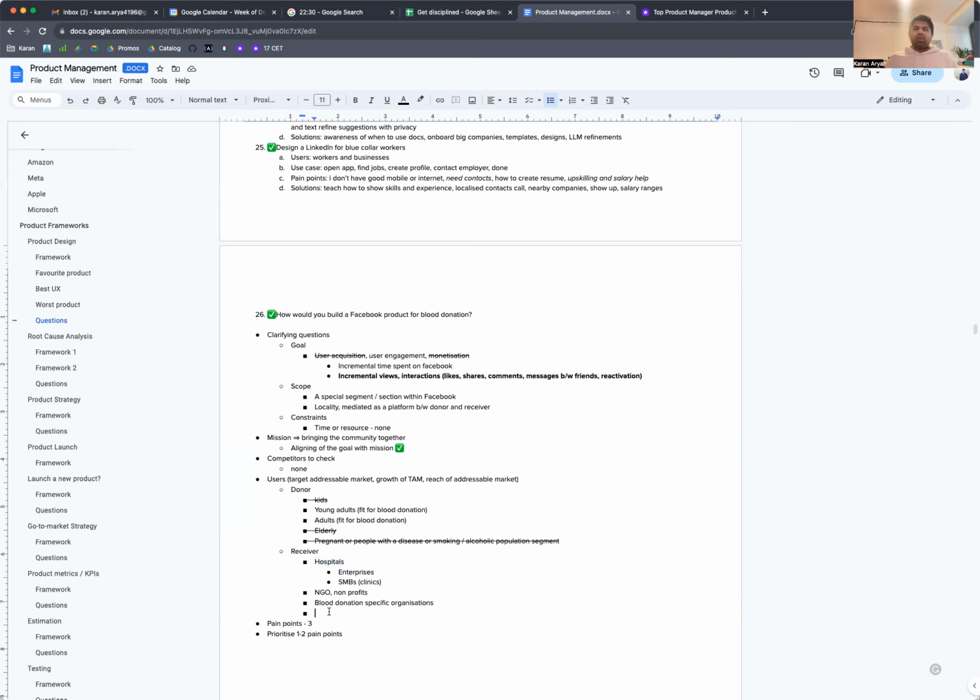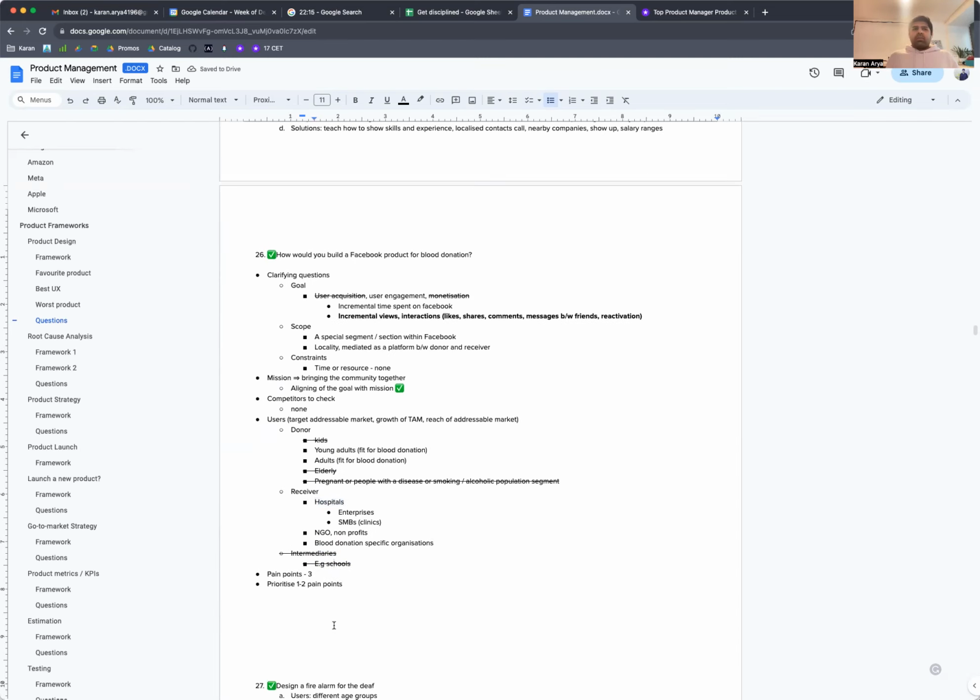For the purpose of this discussion, I would just exclude those intermediaries for now. So I'll just write intermediaries, example schools. But again, let's not look into this user segment for the purpose of this discussion.